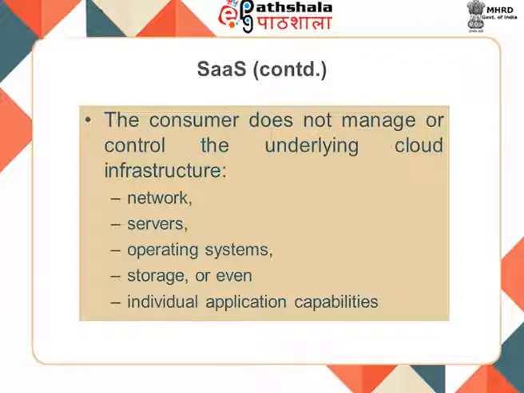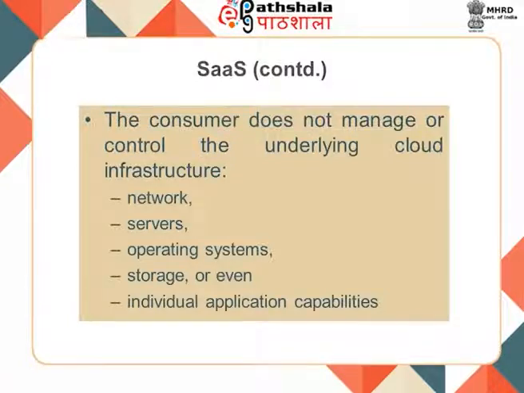Even the individual application capabilities are not going to be managed or controlled by the consumer. All these capabilities will be controlled by the SaaS provider, which is the cloud provider.